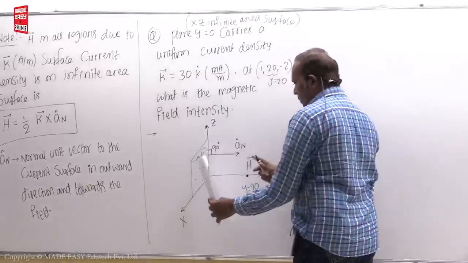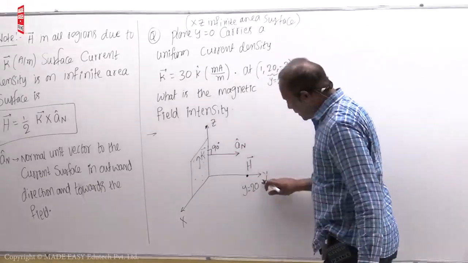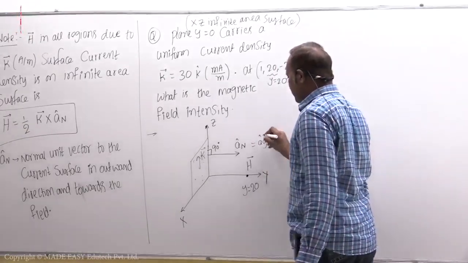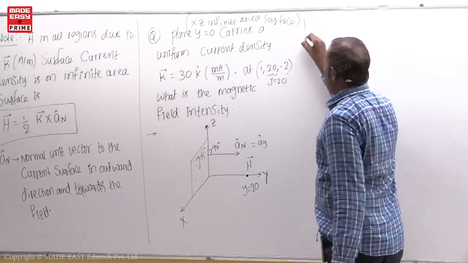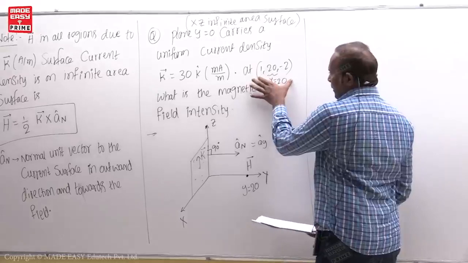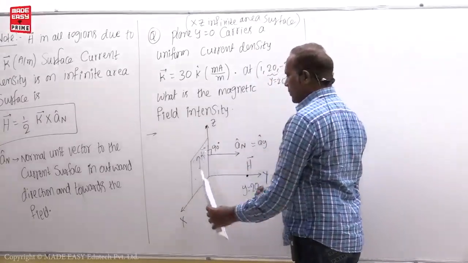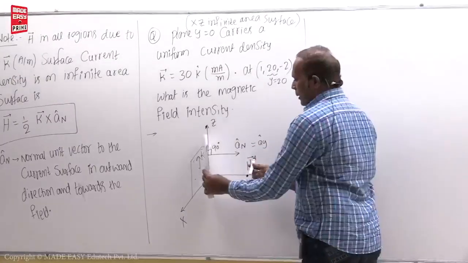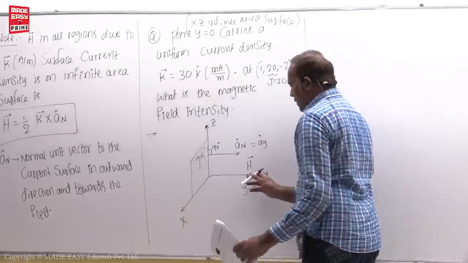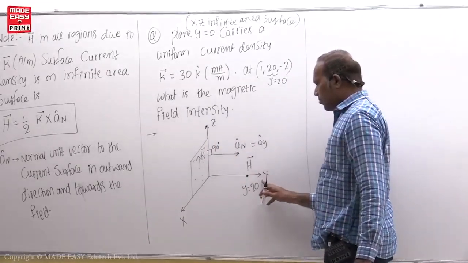The field point is in front of the surface. So this is the An cap definition. Now compare this in the diagram. So this is actually AY cap. Now, very simple, student, where is the field point? Answer: the field point is in front of the infinite area surface. Then the normal unit vector which makes 90 degrees to this current surface, away from the surface and towards the field point, is in this direction. Compare this with the diagram, that is AY cap.